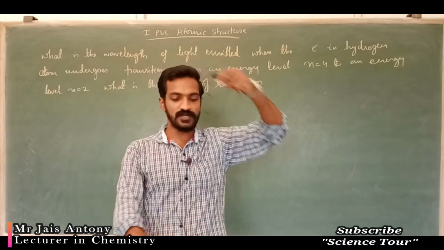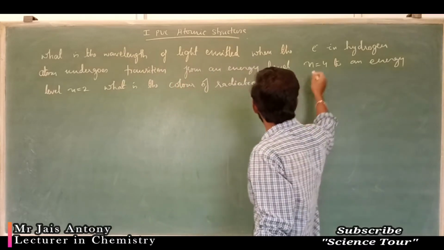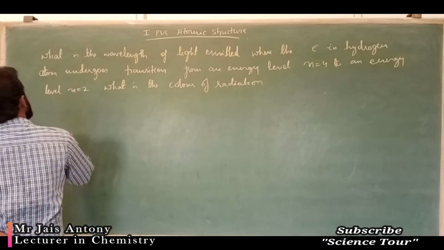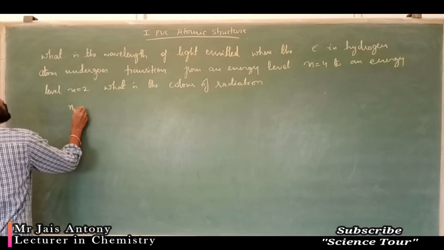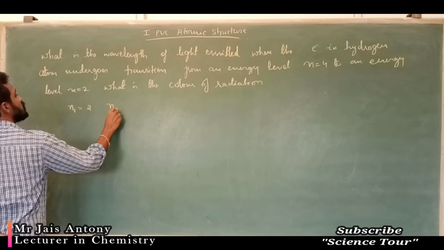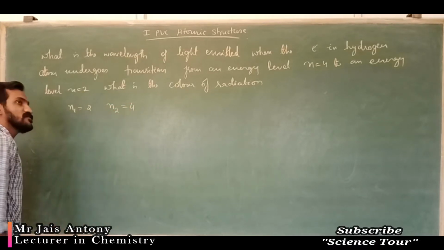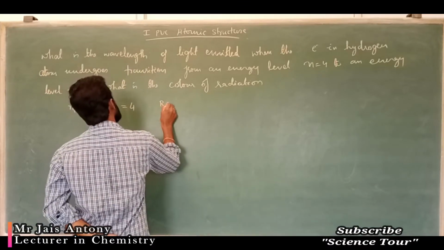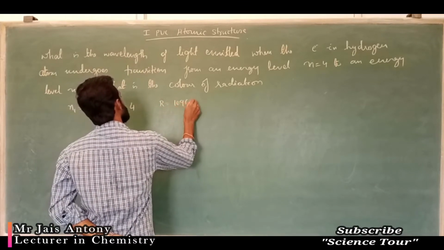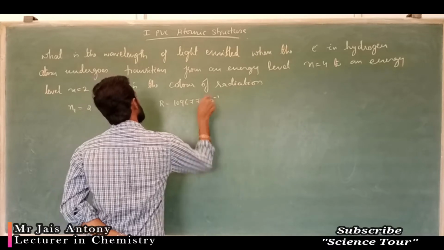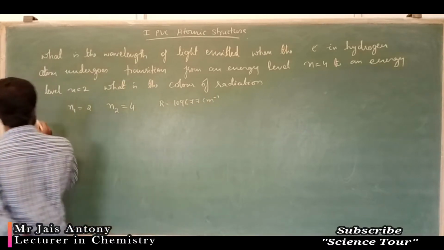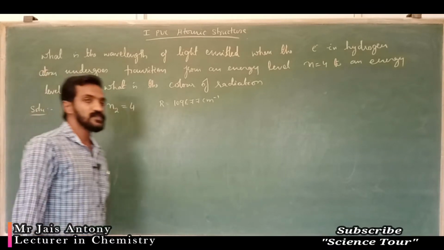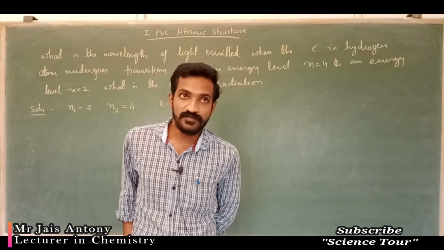My dear students, here what is given, you have to note down. N1 is given as 2, N2 is given as 4, the higher energy level. Then the R value, we know the Rydberg constant, 109677 centimeter inverse. R value is given, correct? So what you have to find out?